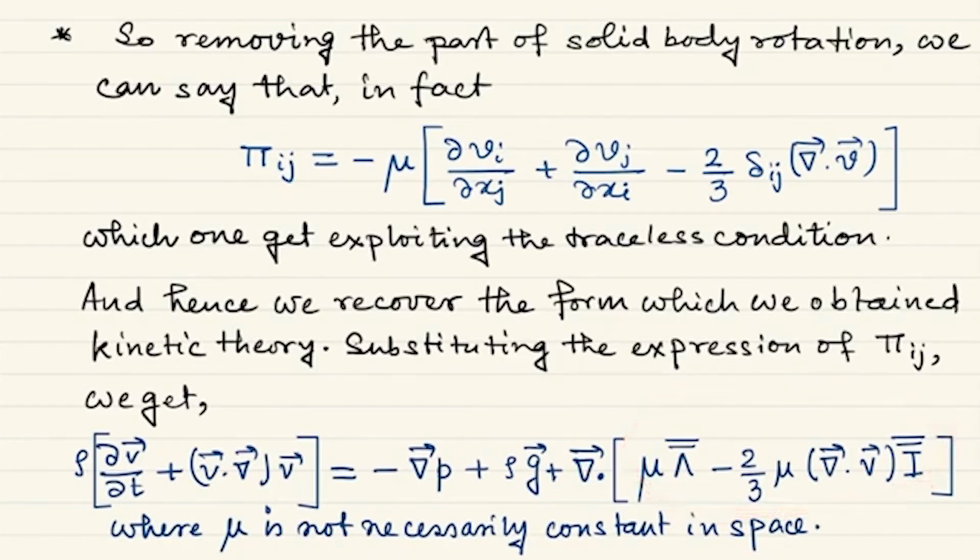Of course, at this point we have not assumed that mu is constant in space. That is very general, and we will use this expression when we talk of the dynamics of accretion disks, because in accretion disks it is found by different studies that the coefficient of viscosity is not constant in space. So this equation is perfect for studying the momentum evolution for the accretion disks.